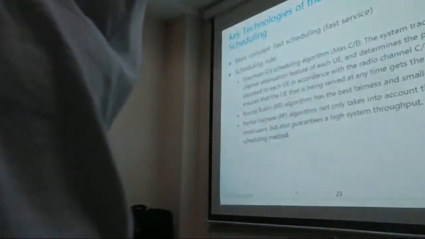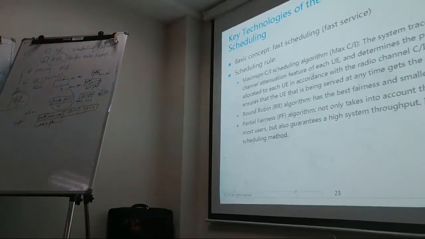One is according to the channel quality. Whose channel quality is best, I will select that one. If you use this, the cell can always get the biggest capacity, the highest throughput.